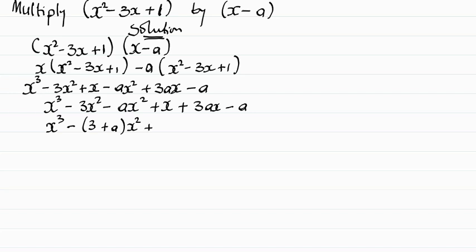So I have plus (1 + 3a)x, minus a. We bring down minus a, and this gives us the final answer to this particular algebraic expression.